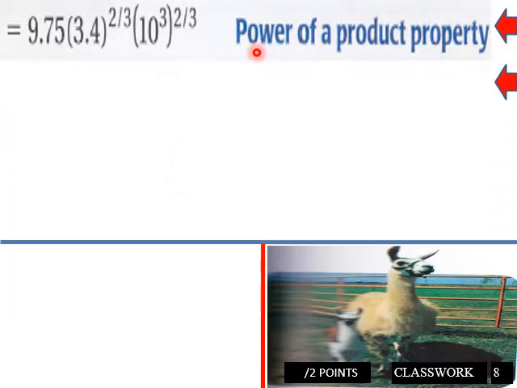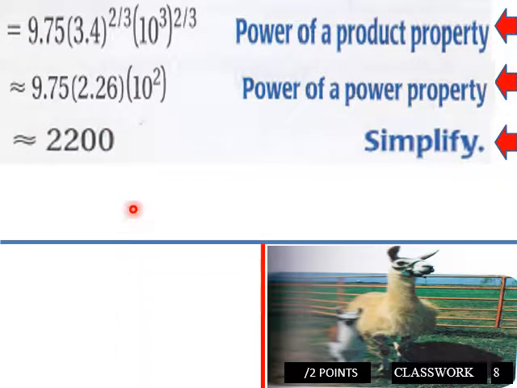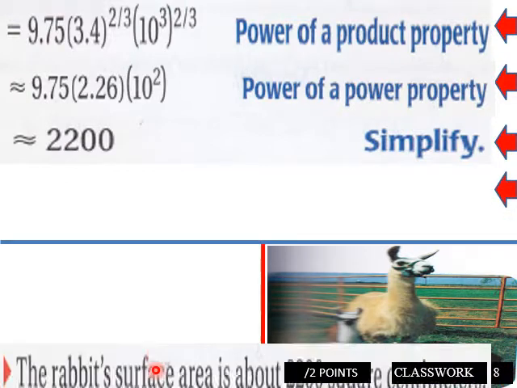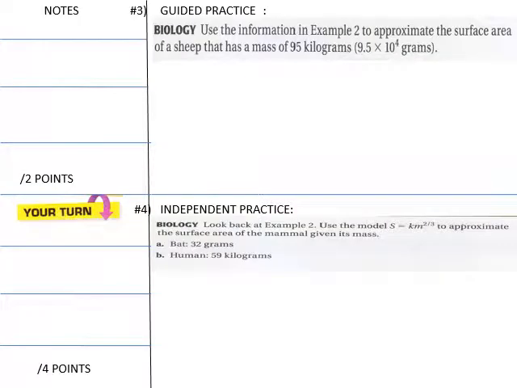The power of a product property is what we use. And then 3.4 to the 2/3 power is 2.26, and then this turns out to be 10 squared. We have our product there. We have approximately 2200, so it's about 2200 square centimeters for the surface area of that.